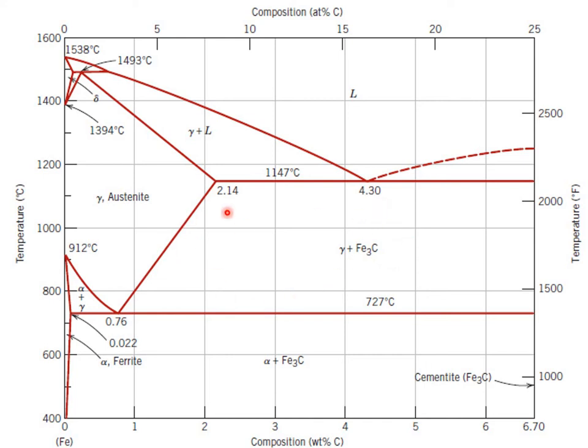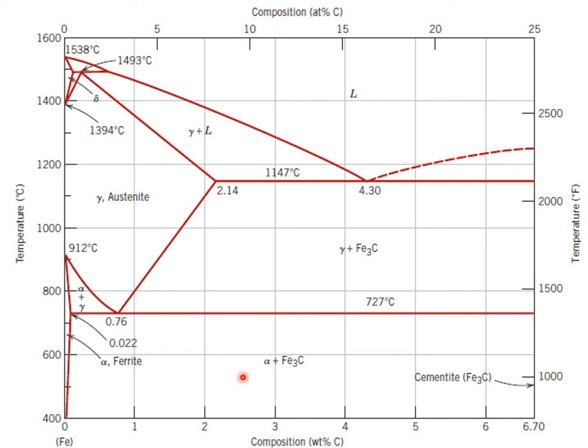Then this is the eutectic composition, 4.3% of carbon, and you can see that this liquid is converting into two solid phases, austenite and Fe3C. The gamma phase is called austenite, and you can see that this phase at the eutectoid composition, that is 0.76% of carbon, is converting into alpha and Fe3C cementite.